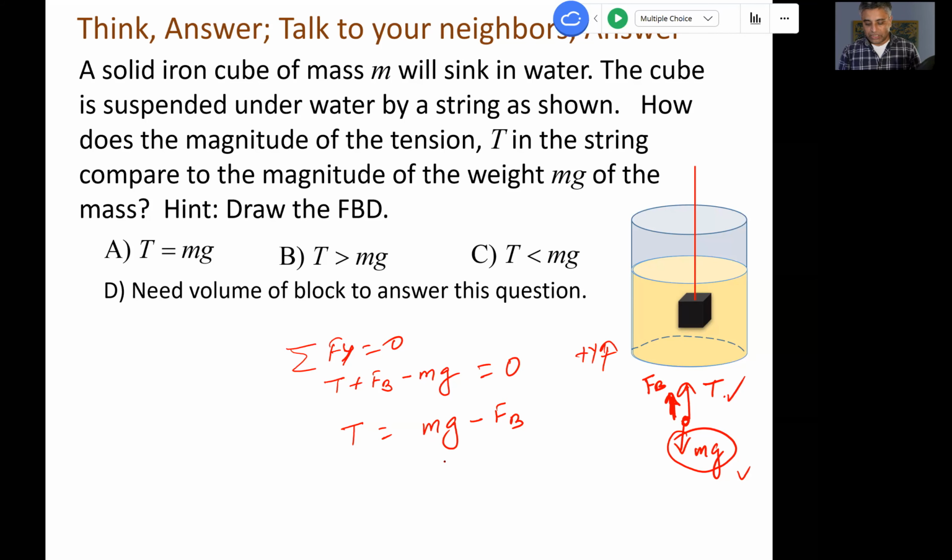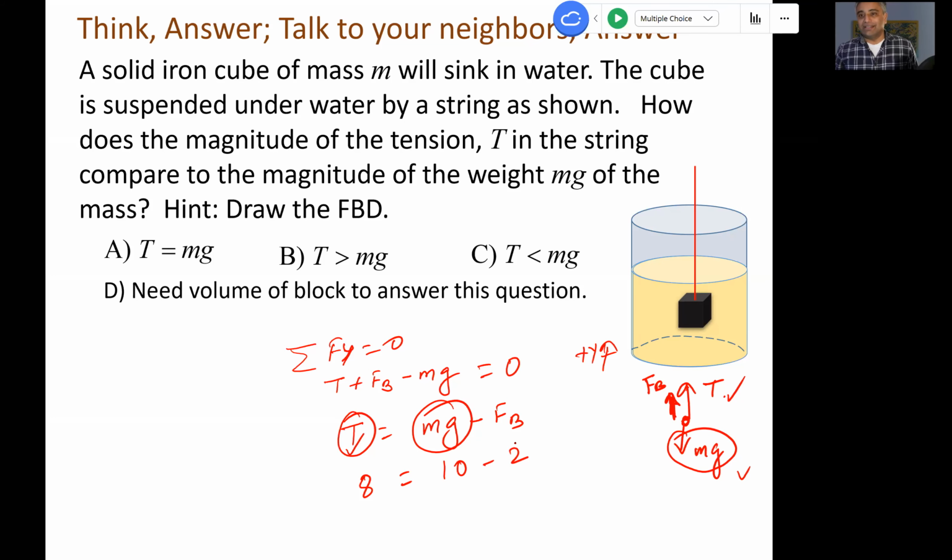So for example, 10 minus 2 is 8, right? So mg is bigger than T, or T is smaller than mg, and don't ask me where I got those numbers. It can work with any numbers, okay?